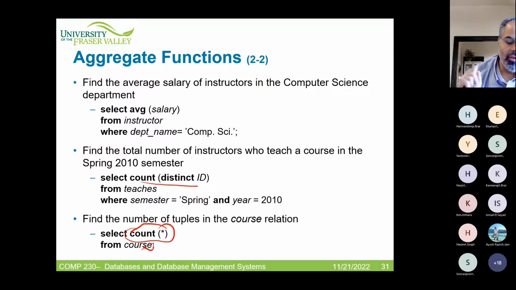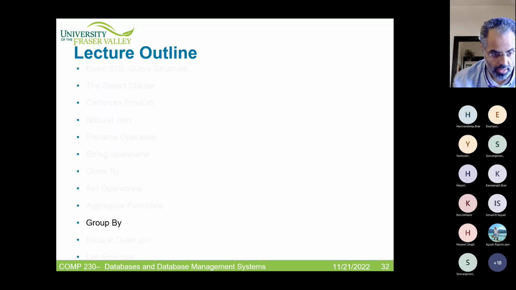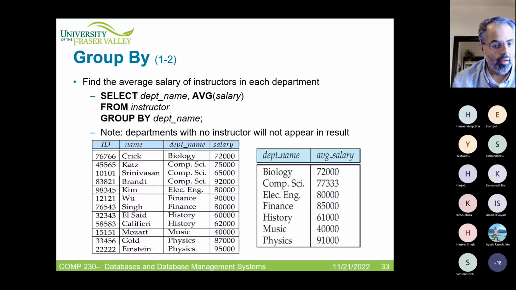When we were discussing relational algebra, we said aggregate functions will be, most of the time, used with a group by. And whenever we use it with a group by, it will be applied per group or per category, not on the whole data. So like here, I'm saying select department name and average salary, group by department name.